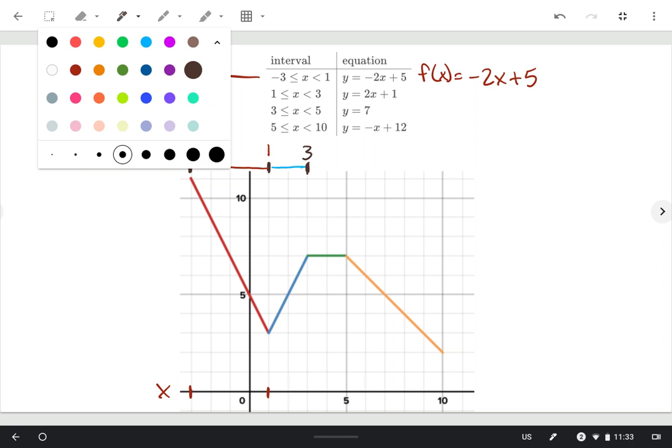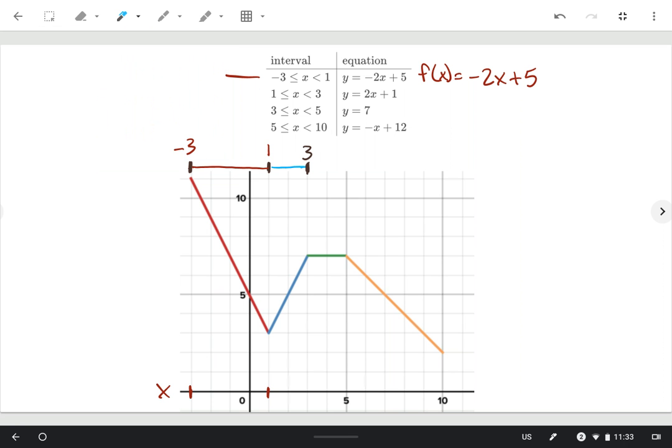The graph has the function 2x + 1. So again, we're going just from there to there, and this function here is 2x + 1. It's the second row of our table. Again, it's going to be written like this in our unit.